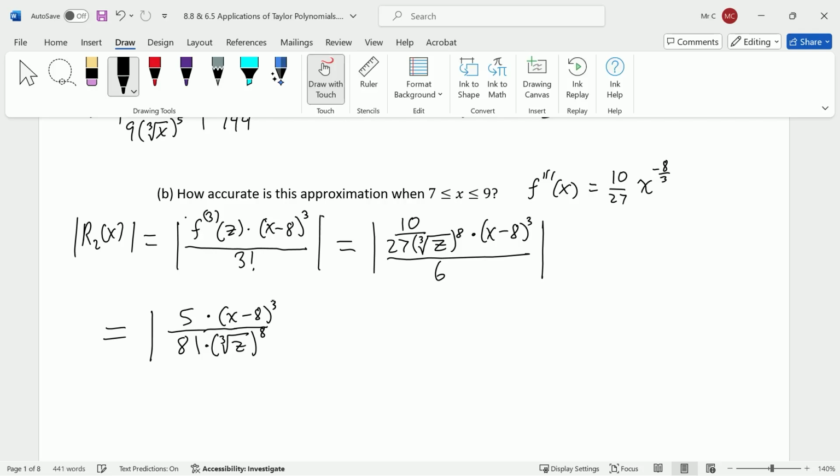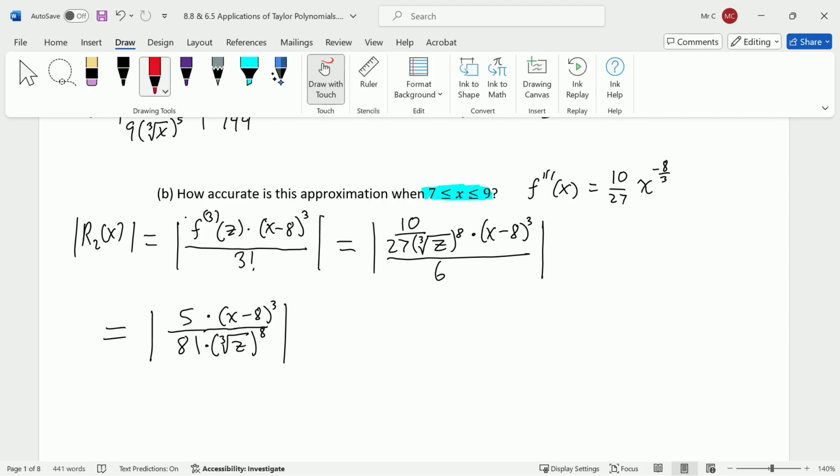And now we're going to try to find some upper bound on this expression. We obviously can't evaluate it directly because we're asking, in general, for what values between 7 and 9 for x, or how accurate is the approximation within that range. But we also don't know what z is.